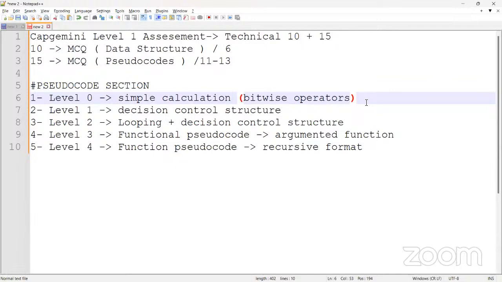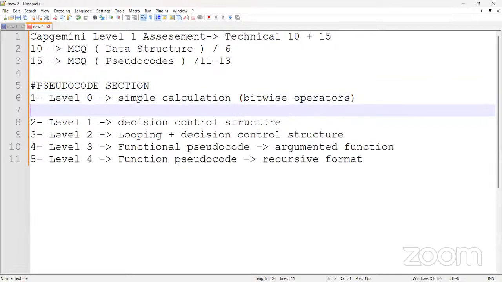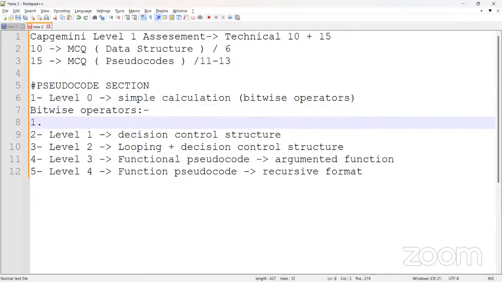Can anyone on the call tell me what bitwise operators we have in a program? You can take any programming language, either Python, Java, C, or C++. Just tell me what the bitwise operators are. AND operator, OR operator, XOR. Let us get started with AND.